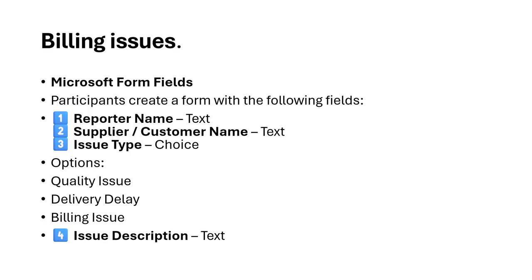What is the issue: whether it's a quality issue, a delivery issue, or a billing issue, and what is the issue description. And this issue type should be selected by my supplier, whether the issue type is a quality issue, a delivery delay, or a billing issue or others. You can give one more option called others also. So for this, you are going to create a form. First, I will explain what you have to do.